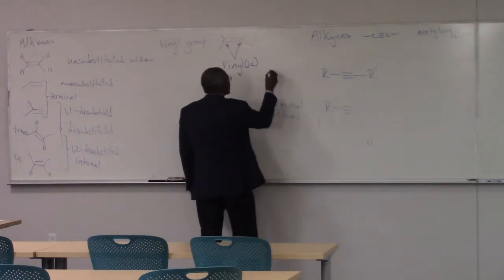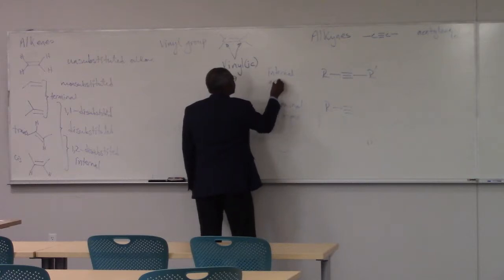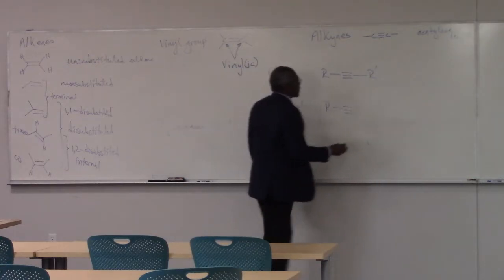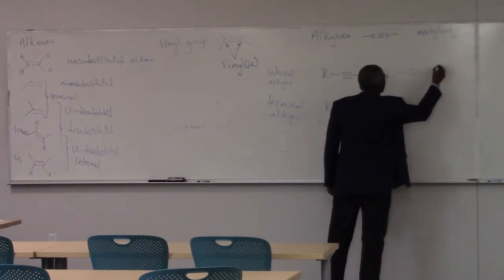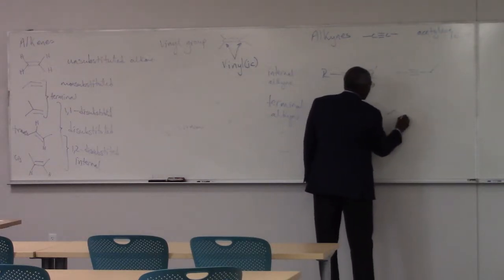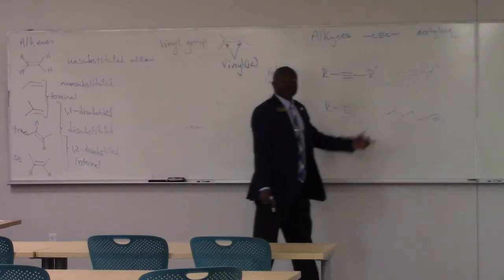In our perspective. This is an internal alkyne. And so examples would be, this is an internal alkyne. This would be a terminal alkyne. Okay?